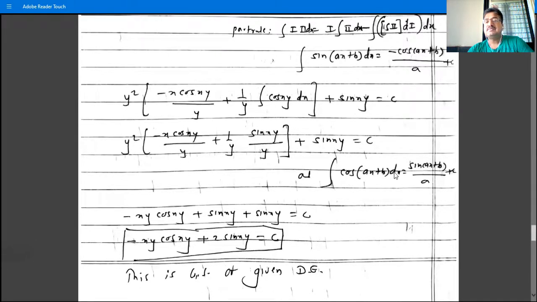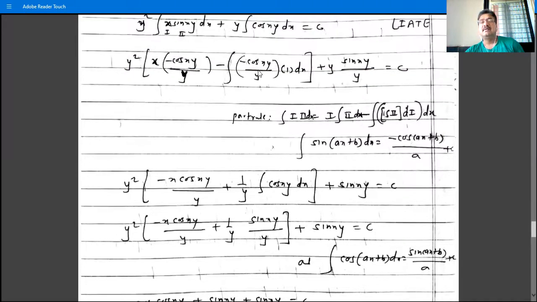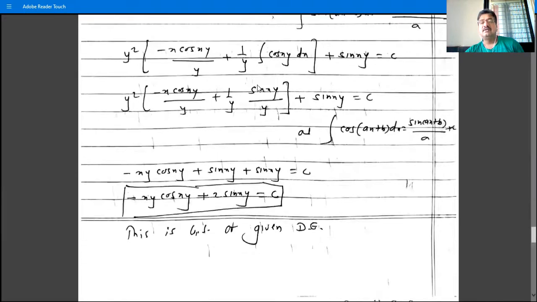Integration of cos(ax plus b) is what? Sin(ax plus b) divided by a. And integration of sin(ax plus b) is minus cos(ax plus b) divided by a. That is the rule here. So here it is cos(xy), that is cos(yx), and y is now a constant like a.